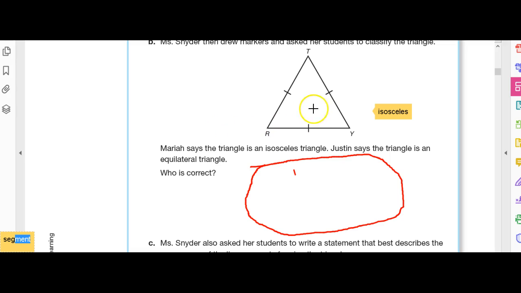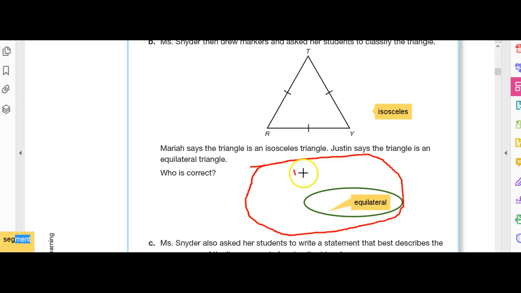So let me go inside of here and get a different color. And I'll go with a different color in here. And so then inside there is an extra special set. And that extra special set is called equilateral.